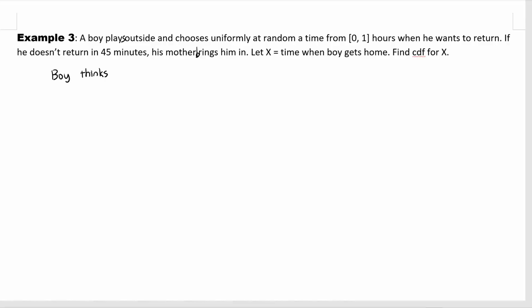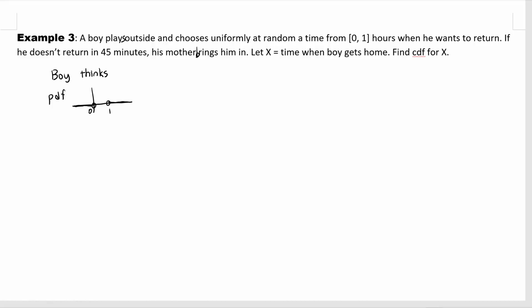So this is the PDF. Any time from 0 to 1 is uniform.